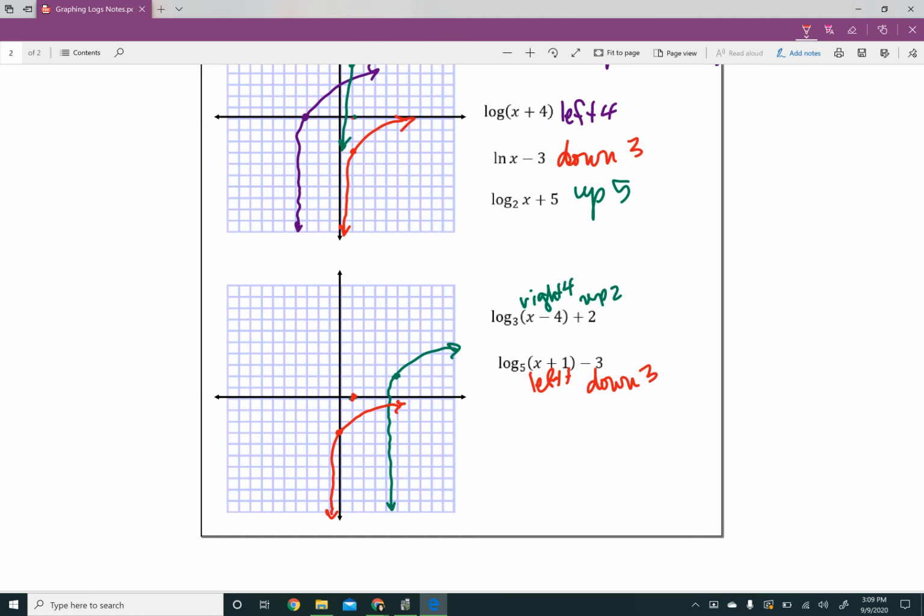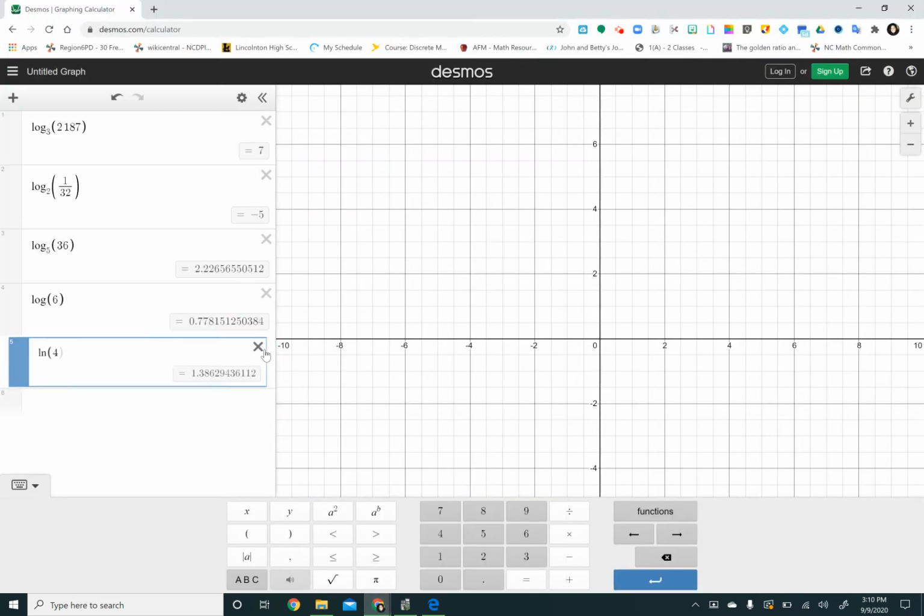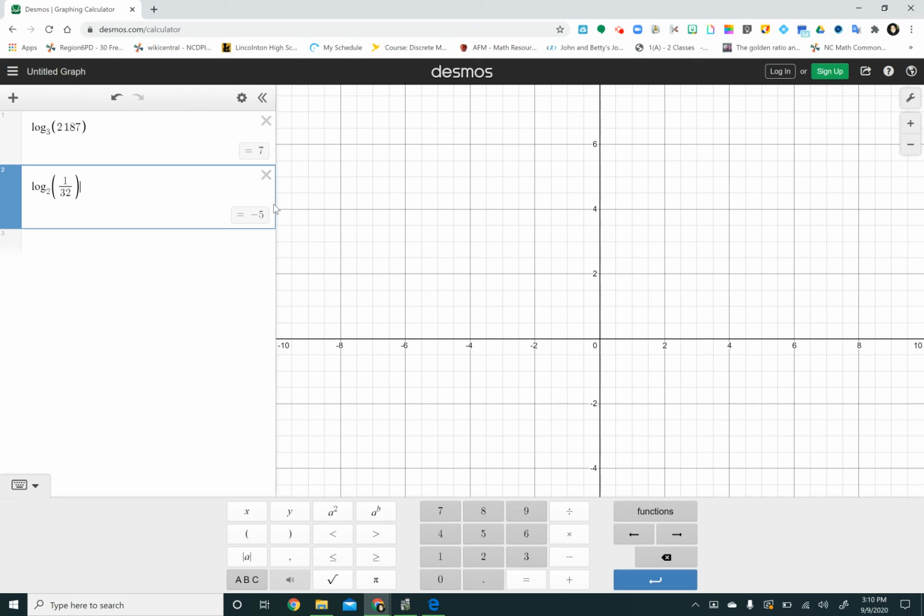Just shift it. Now, remember, you can plug these into your calculator. You would plug these in y equals. In Desmos, you would just plug it in. So we could do log base 5. Let's graph this.